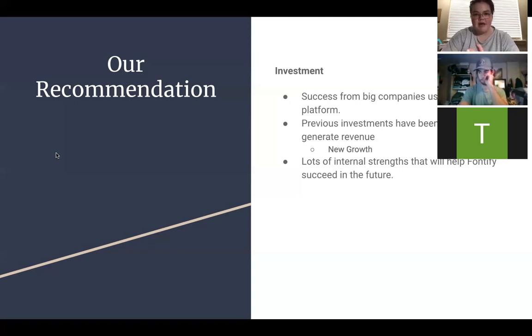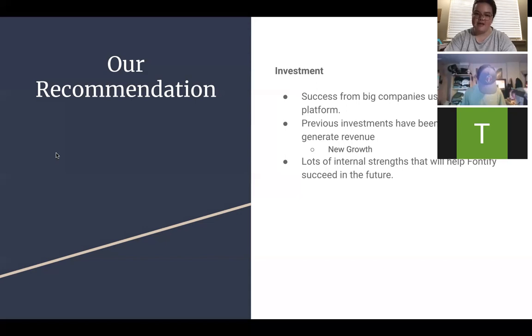Another aspect that went into our decision to invest is the fact that the previous investments have been able to generate revenue and grow in new places, as in US expansion or worldwide expansion. That's also a good sign to us. We, based on that, are confident that our investment will be used to grow the company.